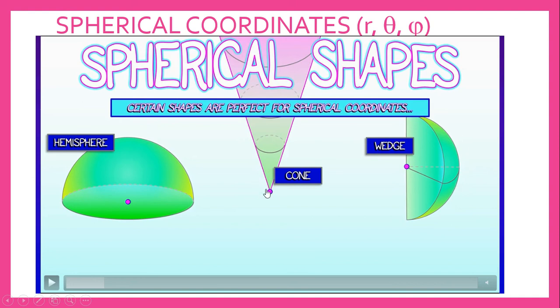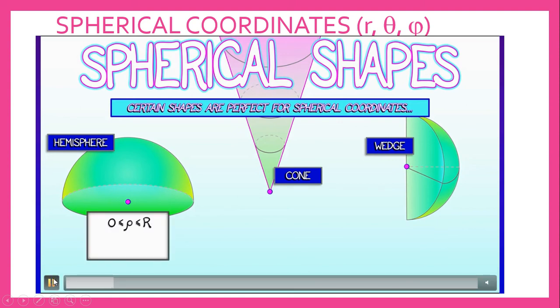Here you can see for this cone you can have a definite radius. And for this one, the angle theta varies from 0 to pi. And for this hemisphere, the center angle varies from 0 to 2 pi. Let us see how it is making a sphere.